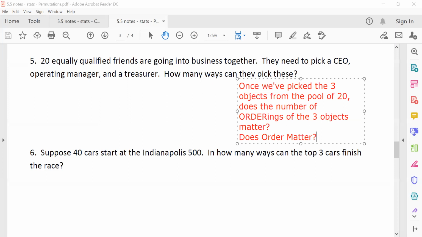If order does matter, we need to do a permutation. If order does not matter, we need to do something called a combination that we're about to start learning about in a second.